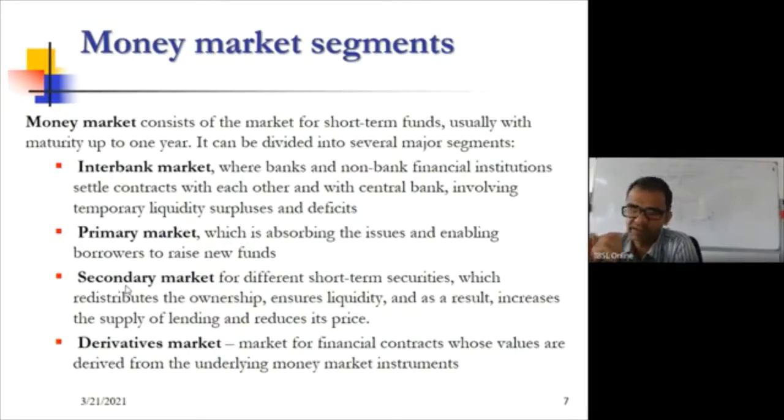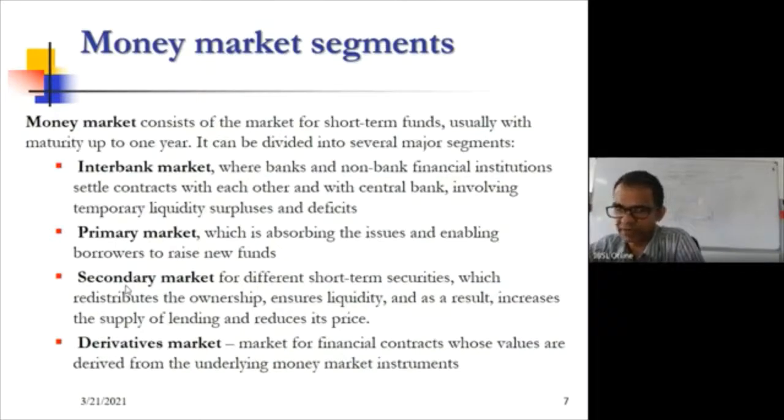In the primary market, again, it's not only applicable for the money market. You know that there can be a primary market for capital market instruments as well. What does primary market mean? That is where any instrument is issued for the very first time. So borrowers raise funds. That is the primary market.